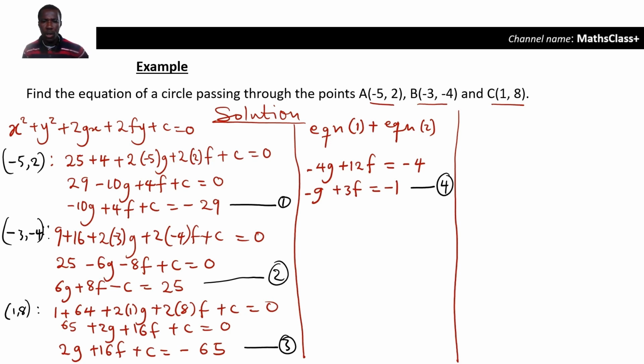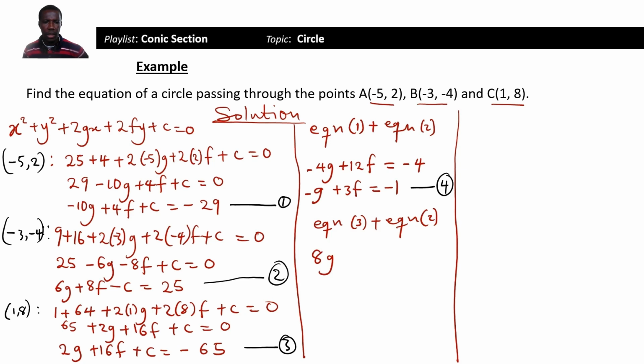I'm also going to add equation 3 to equation 2. Looking at equation 3 and equation 2, it's going to be 2g plus 6g. That will be 8g. And then I have 8f plus 16f. That will give me 24f.